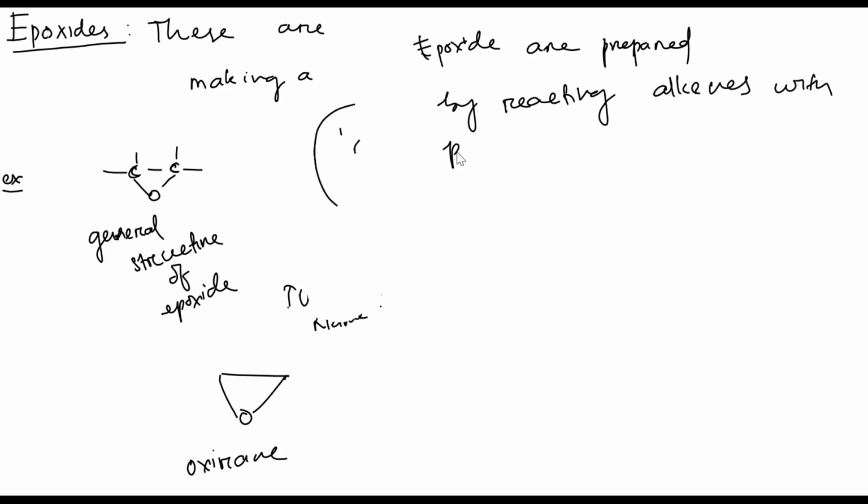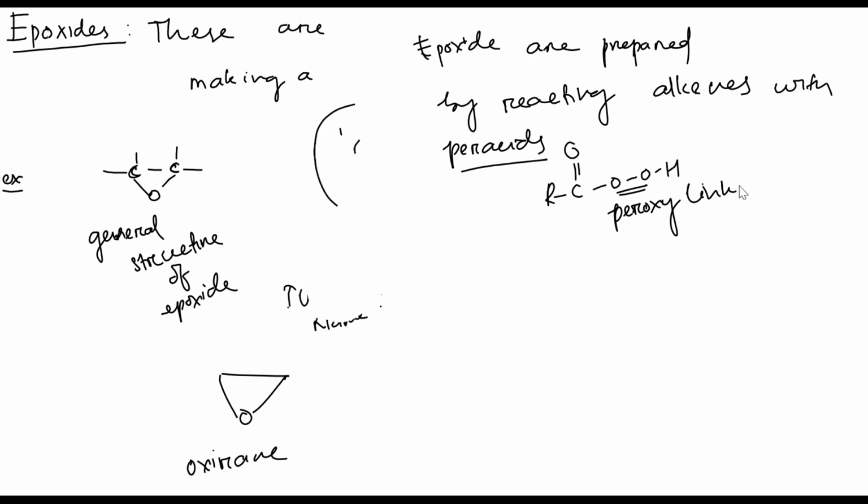What are peracids? In which there is a peroxide linkage attached to the carbonyl carbon. Let us draw the structure like R C double bond O O OH. This one is the peroxy linkage, oxygen single bond oxygen.